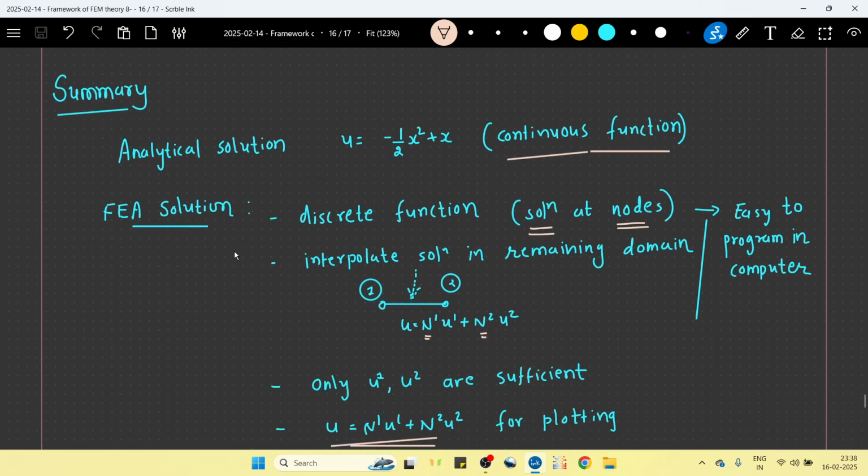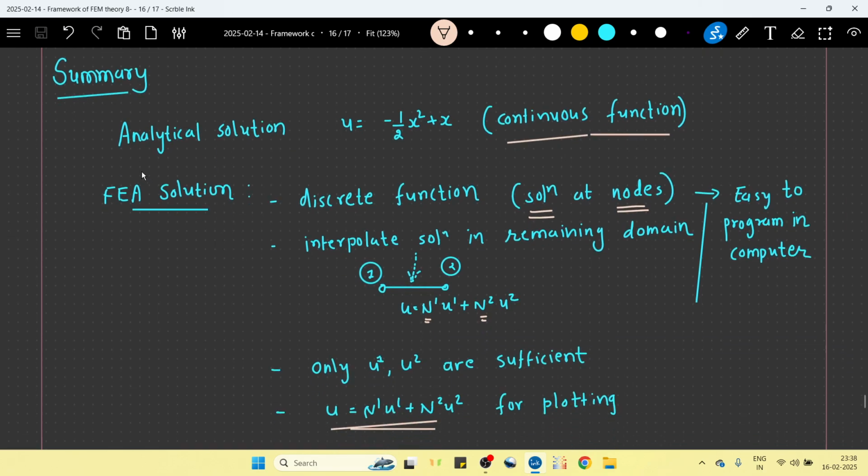So we'll quickly summarize the previous video, where we tried to get the FEA solution for a problem of a 1D rod subjected to axial force, and we took a 1D example. We actually took two examples.